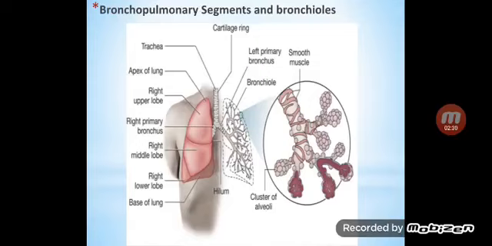So the bronchopulmonary segment is a subdivision in the lung lobe. It is a structurally and functionally independent unit of the lung tissue or lung parenchyma.